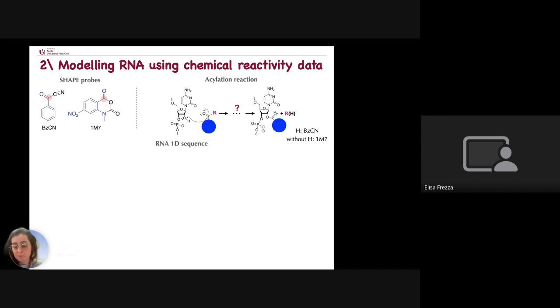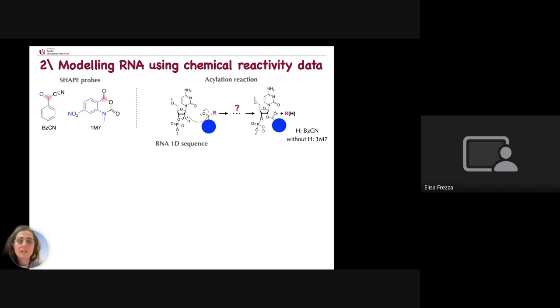It is quite a peculiar technique, because based on the different probes we can get different information, but all of them have at their core an acylation reaction, which occurs at the level of the ribose. Although this reaction is quite common and widely used, a lot of this chemical reaction is still not understood. I just wanted to clarify what the acronym SHAPE stands for, because I didn't say it: selective 2'-hydroxyl acylation analyzed by primer extension.